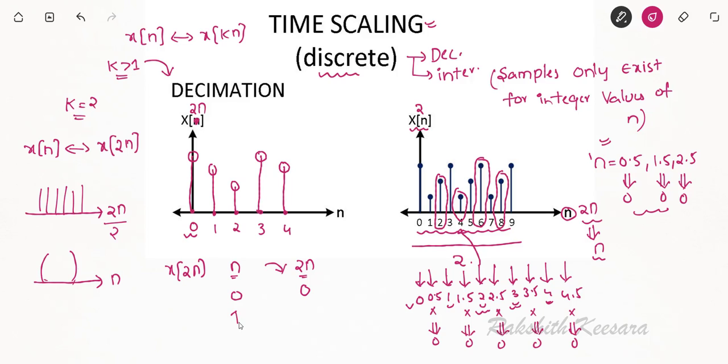To get n equal to 1 in our new signal, in the old signal that will be n equal to 2, I mean x of 2. If we need x of 2 here, in the old signal this will be x of 4, that is 2 into 2. Similarly, if I need x of 3 here, in the old signal it will be x of 6. Is this okay? You can follow the normal method, that is changing the axis first, afterwards performing the operation such that you bring this back to n.